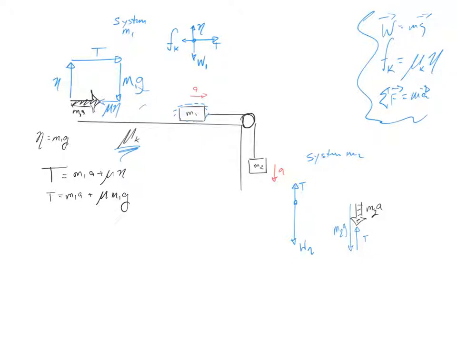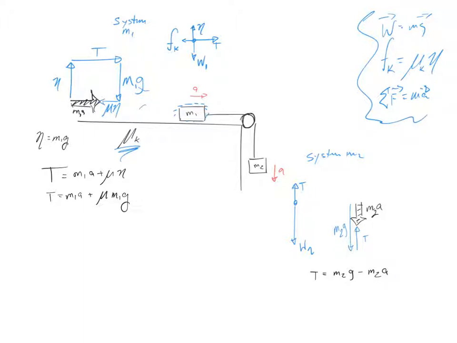Yes. So now, from system 1, I have a nice relationship for tension. And I know the tension is the same that acts on system 2. You guys good? And so from system 2, I can see from my vector sum diagram that tension is going to be M2G minus M2A.